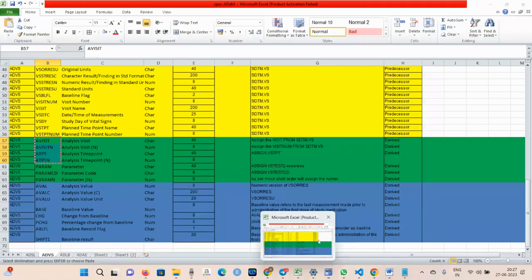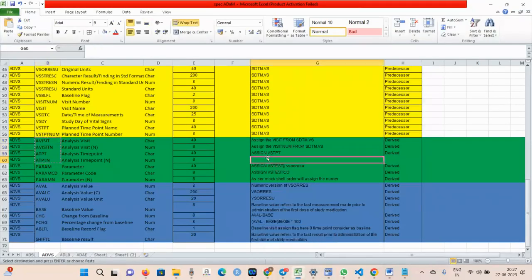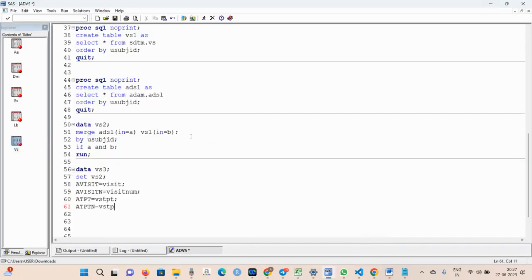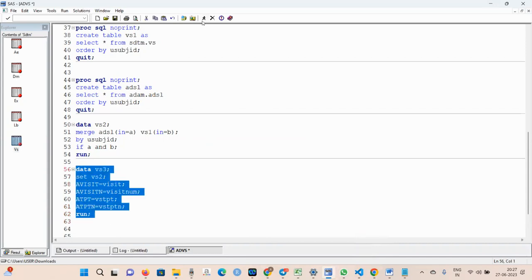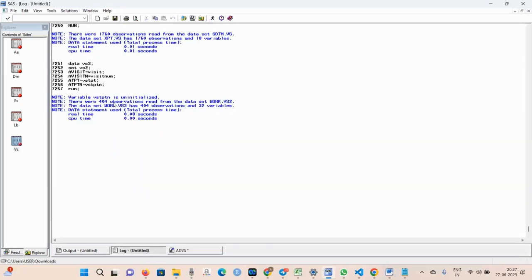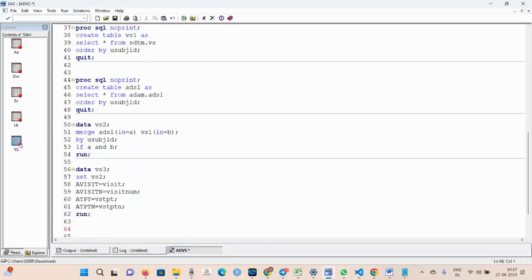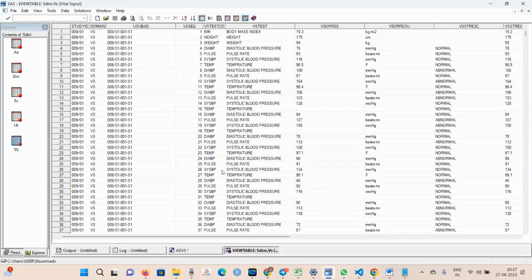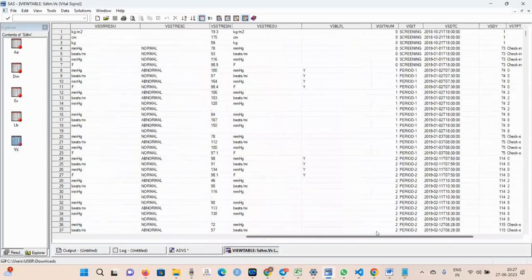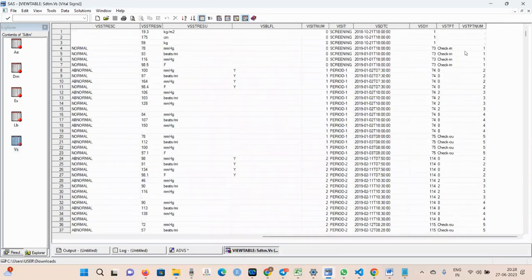And here the numeric will be VSTPTN and the character VSTPT. VSTPT is uninitialized. Oh, we don't have that one or what? VSTPTN.